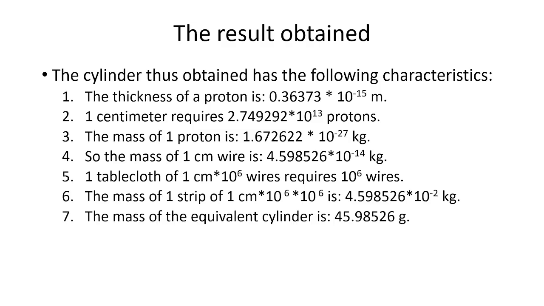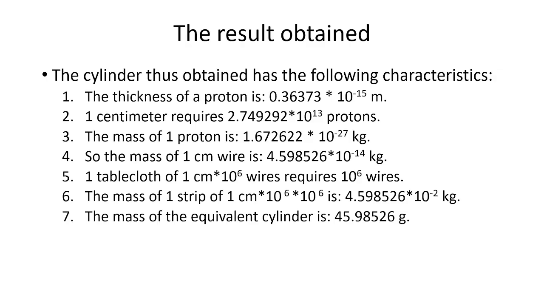The result obtained. The cylinder thus obtained has the following characteristics. 1. The thickness of a proton is 0.3 10 power minus 15 meter. 2. 1 centimeter requires 2.7 10 power 13 protons. 3.